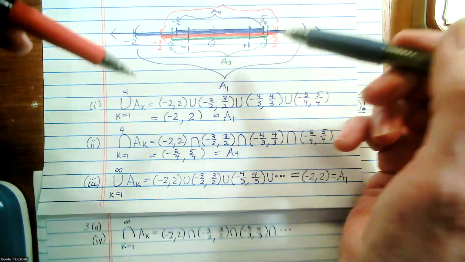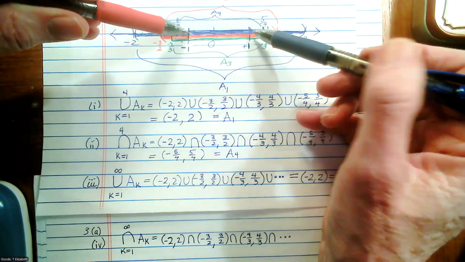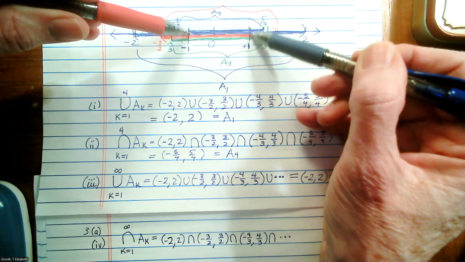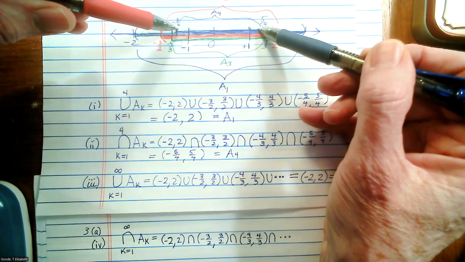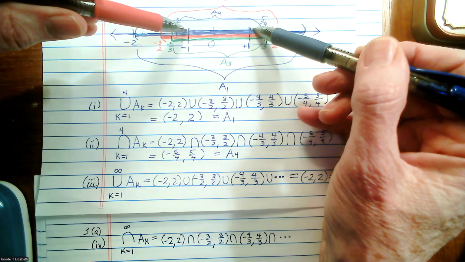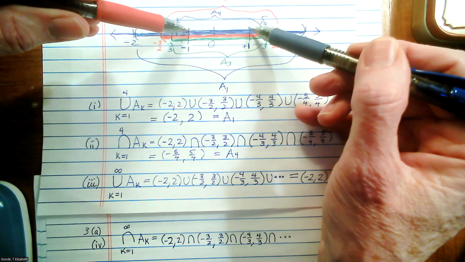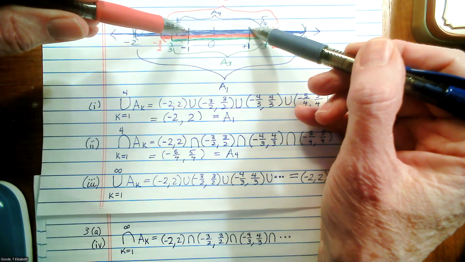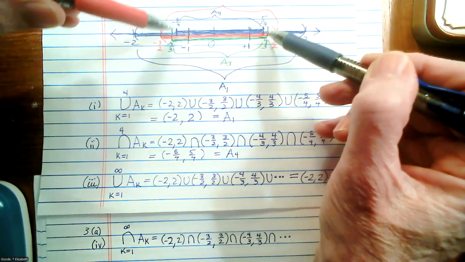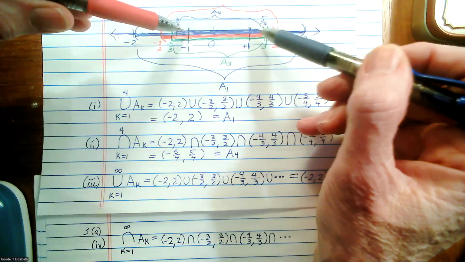But you really hit on it when you said that negative 1 is always going to be inside any of these, and 1 is always going to be in each of these, no matter how close they sneak up from the outside. They're never going to hit negative 1 or 1. They're going to include negative 1 and 1 as elements. See how negative 1 is smack dab inside all of these? Negative 1 is going to be in every single one of them.